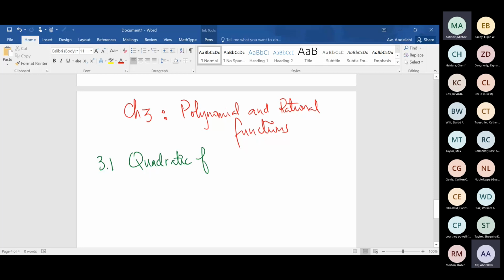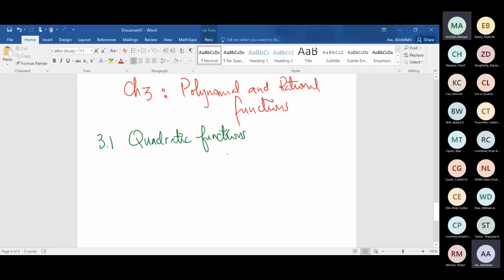This is a category of polynomial functions. We start them apart because they are easy, so we know how to deal with them.